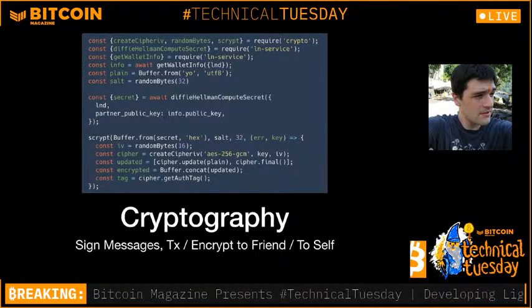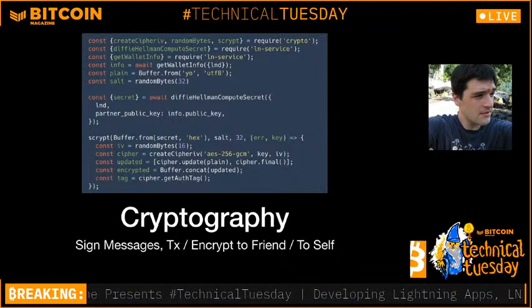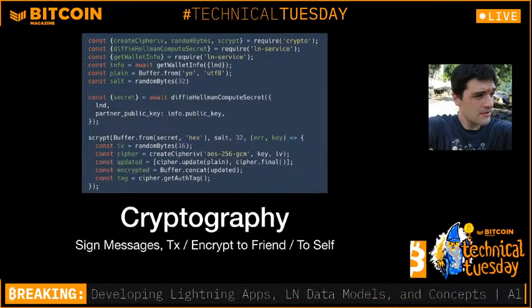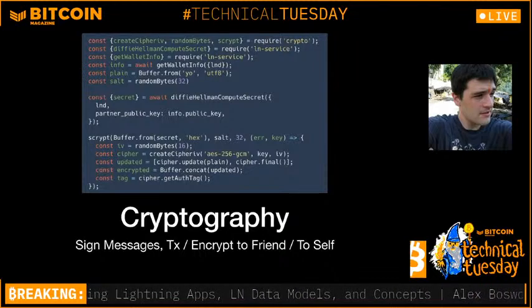And LND really does offer you a lot of different APIs that allow you to get sophisticated about the applications that you're building, because I talked about before that you can get public keys out of your transactions.